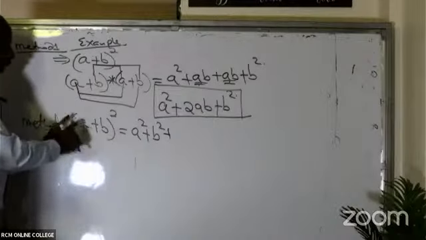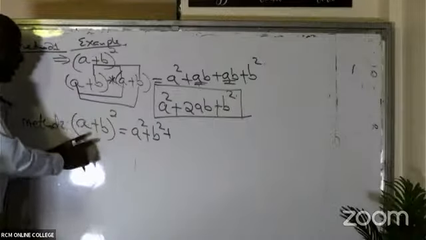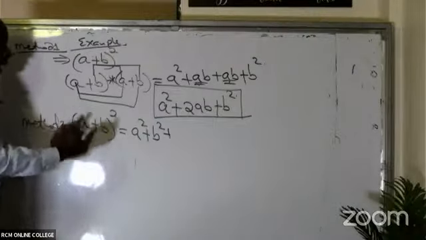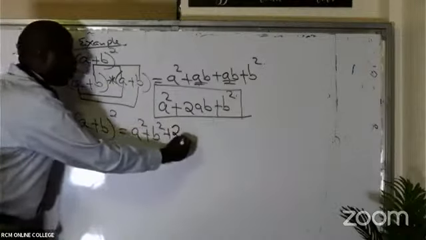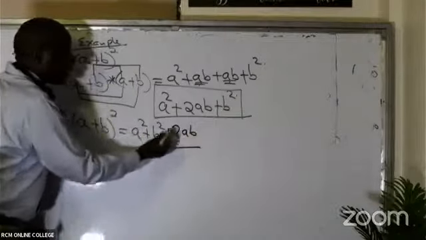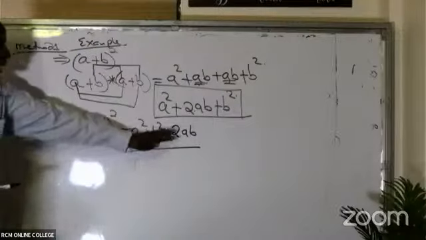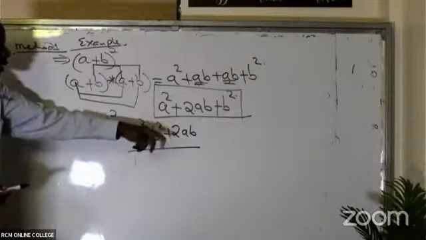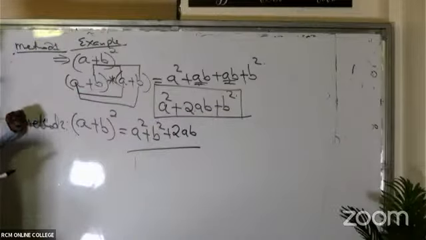So we have a times b, which is ab. Doubling means multiplying by 2, so this results in 2ab, which is exactly the same as that. You can always rearrange, plus is commutative. You can always exchange them.